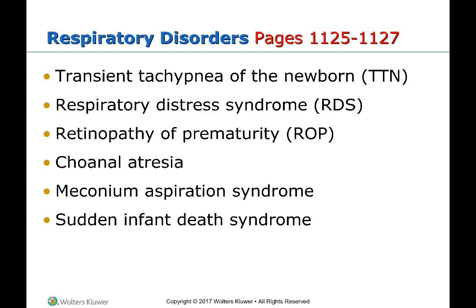Okay, last one, sudden infant death syndrome. So they used to call it crib death. And so we're saying that this can happen from a newborn up to less than 1 year of age.